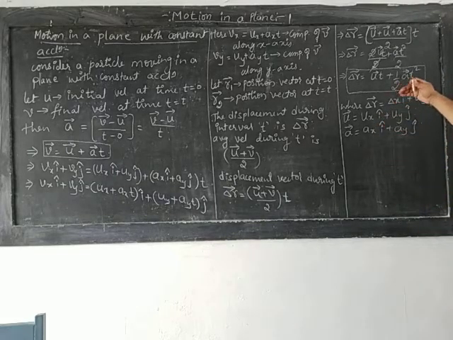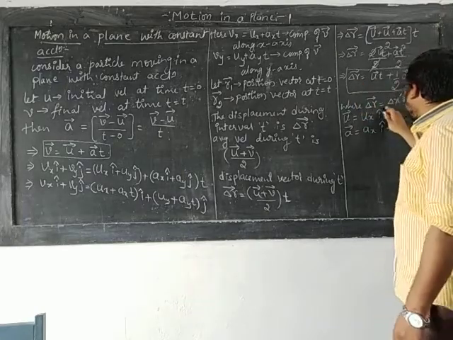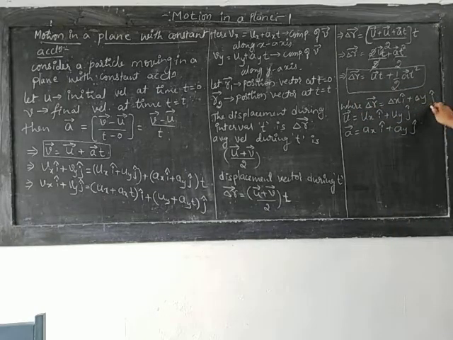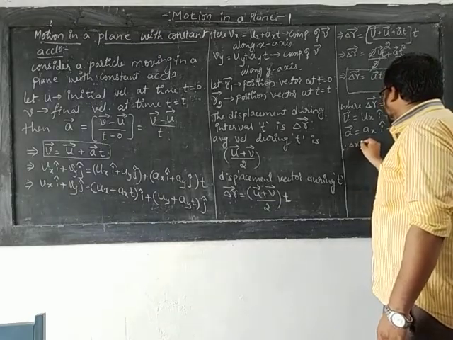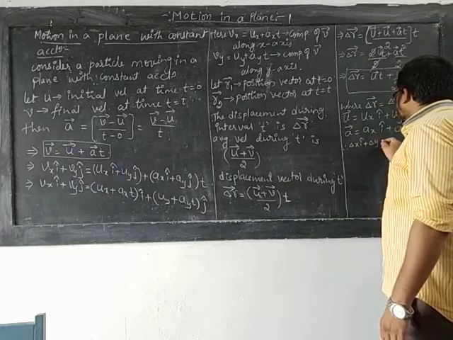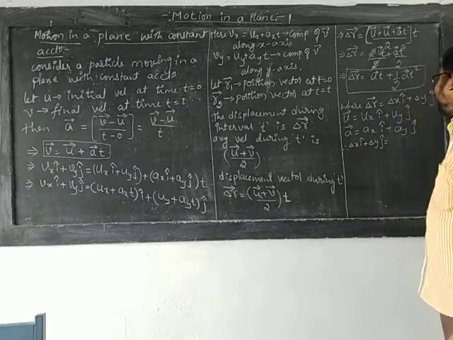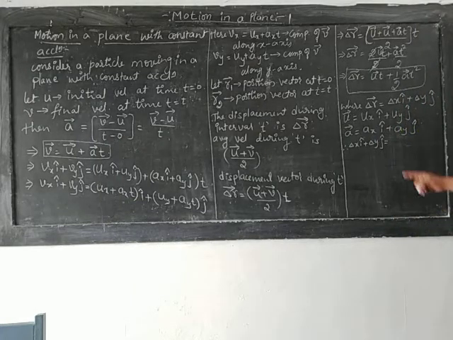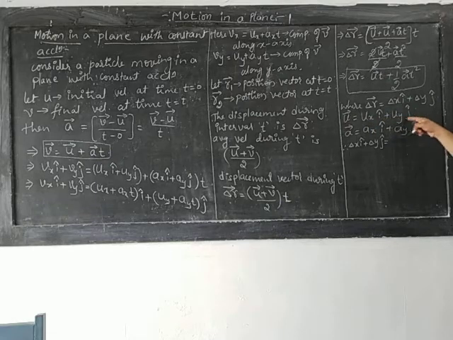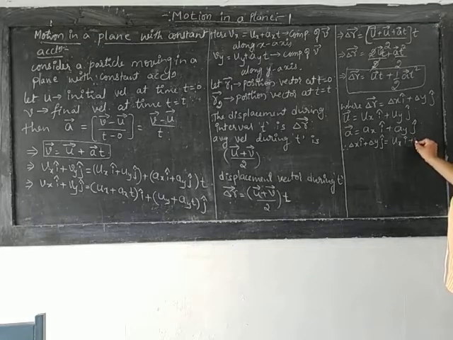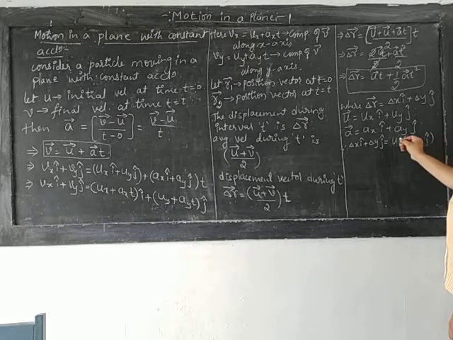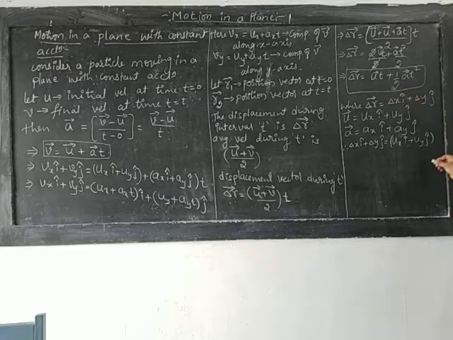Now you have to substitute these values in this equation. Let me write this. Instead of delta r, what do I need to write? Delta x i cap plus delta y j cap. Therefore, delta x i cap plus delta y j cap is equal to, instead of u, I need to write ux i cap plus uy j cap, and then t.